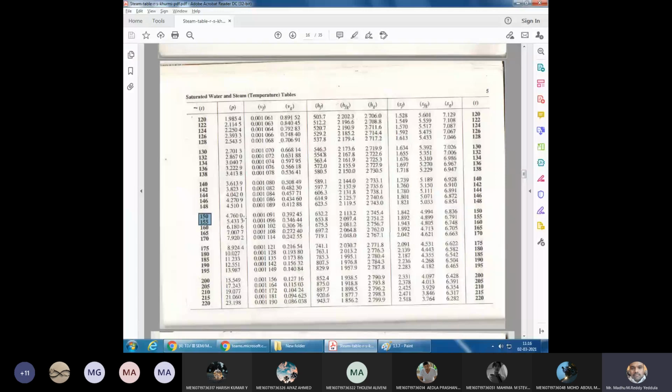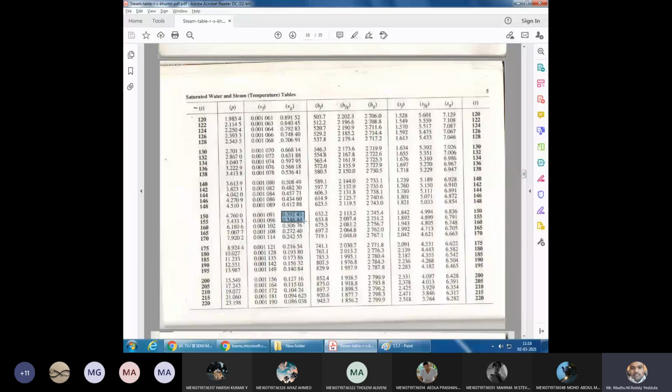I don't want the saturation pressure, but I want the specific volume of fluid and gas. So what you need to do? You need to take these two values and these two values, do the interpolation and tell me the values corresponding to 153.3. I told you yesterday how to do interpolation.